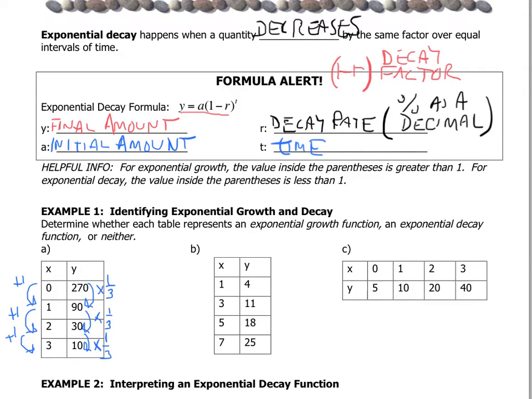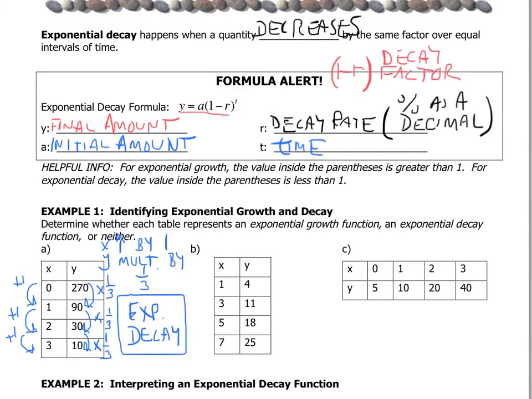So x increases by 1, and the y's are multiplied by 1/3. This is exponential decay. We're multiplying by a factor that is less than 1 over and over again, dropping our values as we go. That would be exponential decay.